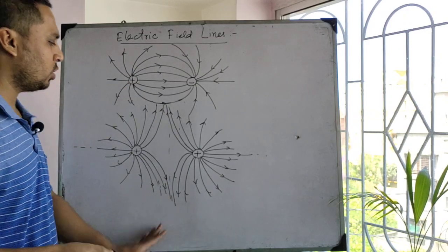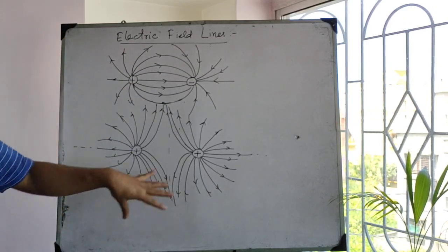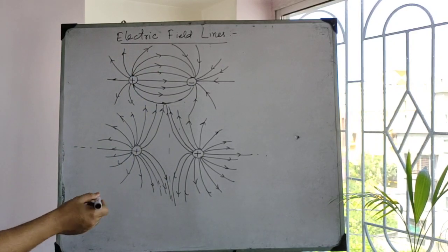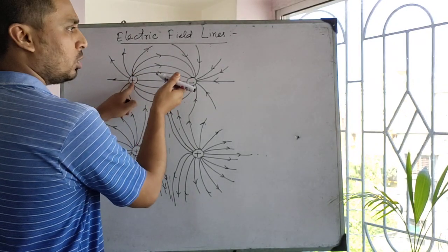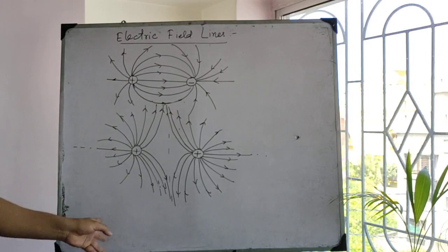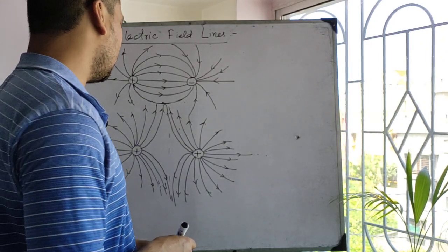So these are the directions of electric field. These are the representation of electric field lines for a positive charge and negative charge separated by a distance, and two positive charges, that is two like charges separated by a distance.